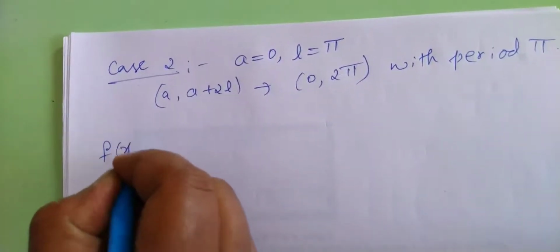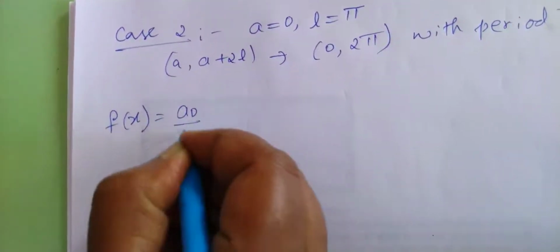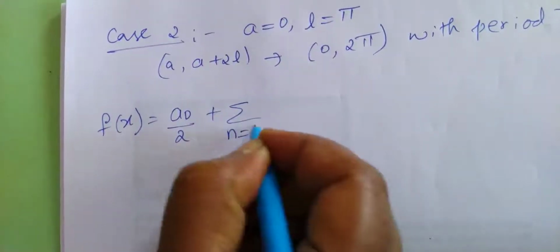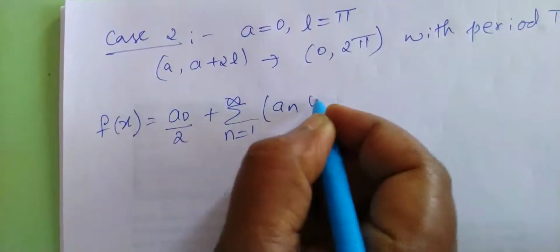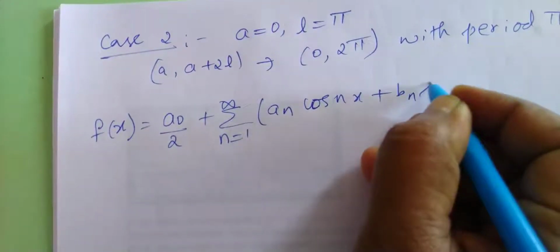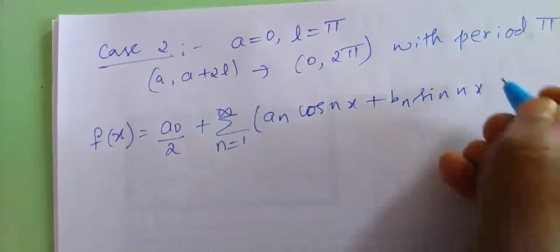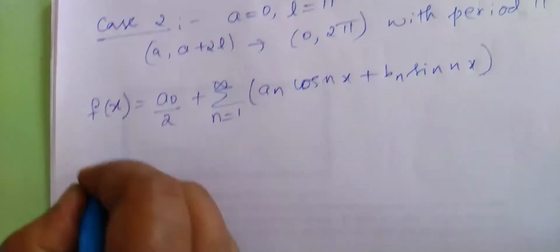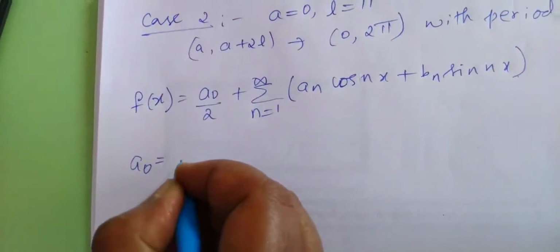So the formula again: f(x) is a0 by 2 plus summation n is equal to 1 to infinity an cos nx plus bn sin nx, since it is with period pi. Now for the Euler's formulae, we need to find a0.